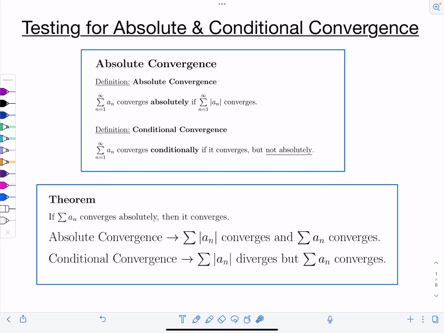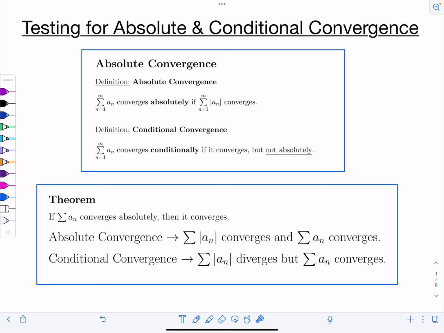Okay. And the idea that's important to take away from this is that absolute convergence is a stronger type of convergence. So we have a theorem here that tells us that if a series converges absolutely, meaning when you take the absolute value of its terms, that new series still converges, then that means it converges.